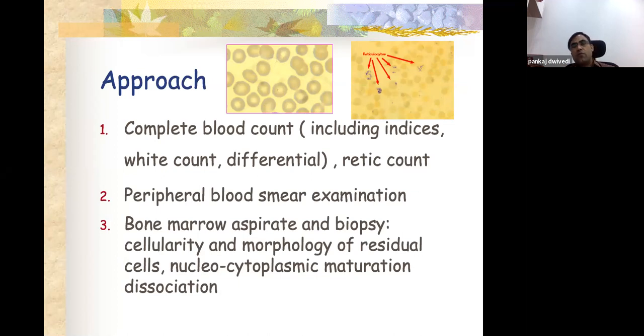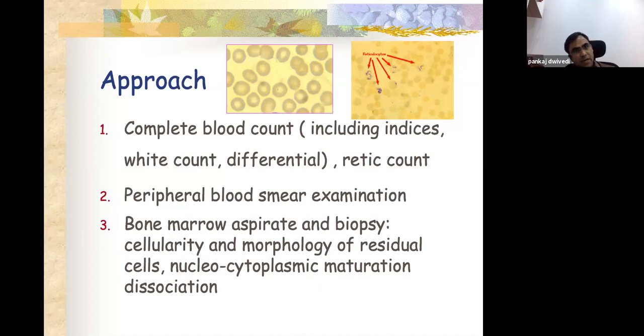You ask for a retic count because if peripheral destruction is more but production is good, the retic count will increase. But if your retic count is low, definitely a production defect is there. So the retic count will point out where the defect in production is. So that is very important. Then, in many cases, you need a bone marrow aspirate either to establish the diagnosis or to rule out the diagnosis.